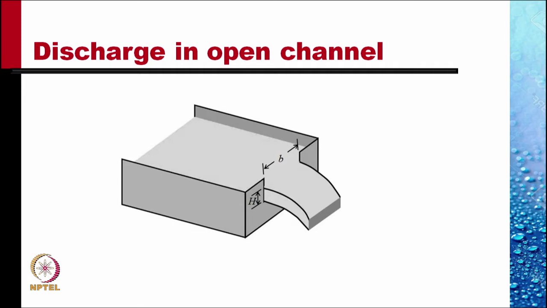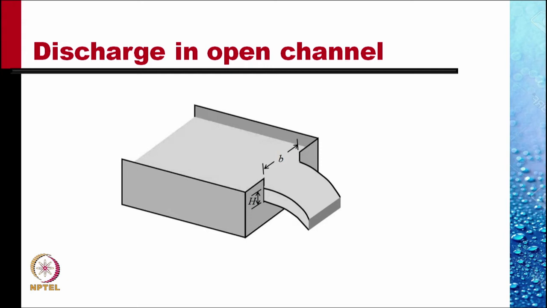There is an obstruction in the channel, and in this obstruction a cutout has been made of width B. The liquid flows out of that cutout such that it is at a height h above the crest of the cutout.